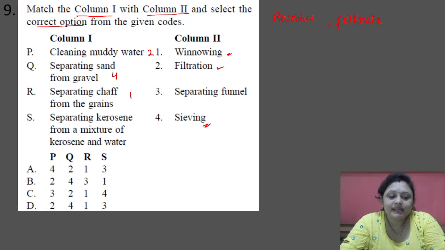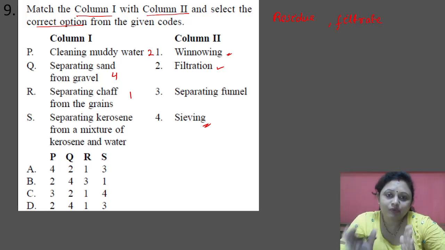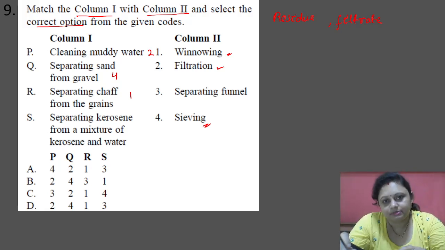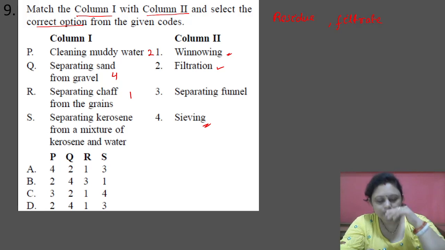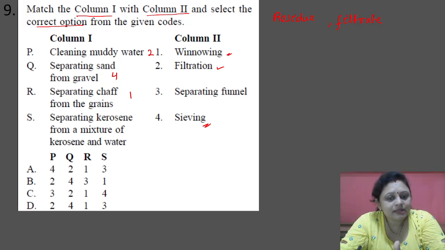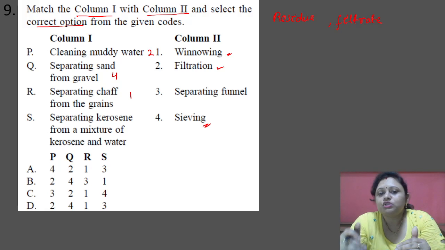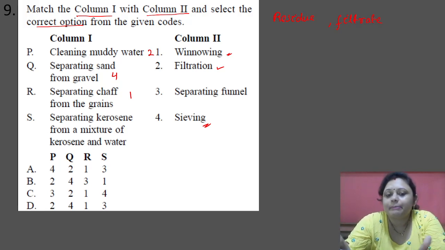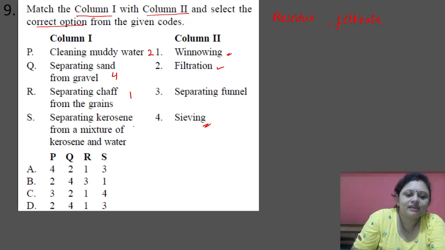Next, separating kerosene from a mixture of kerosene and water. Kerosene and water are immiscible liquids. When two immiscible liquids are there, we use a separating funnel. So we can write here 3.